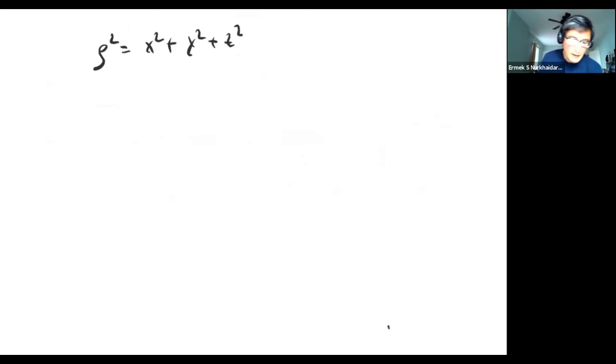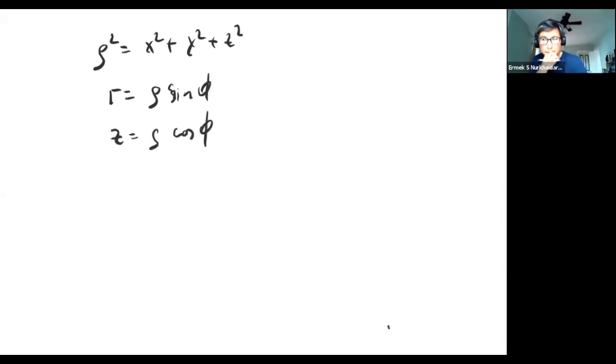The second identity tells you how r is rho sine phi, and z is rho cosine phi. Because you recall the picture looks like this. We have the z-axis, so z is somewhere here.